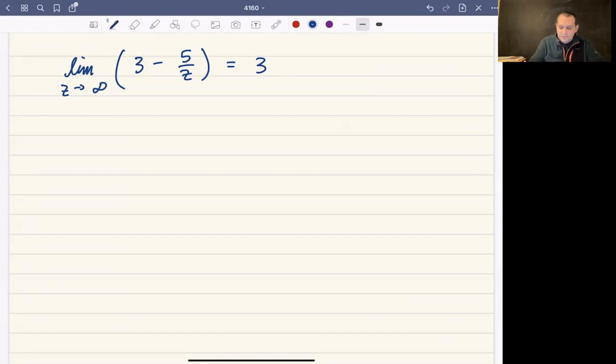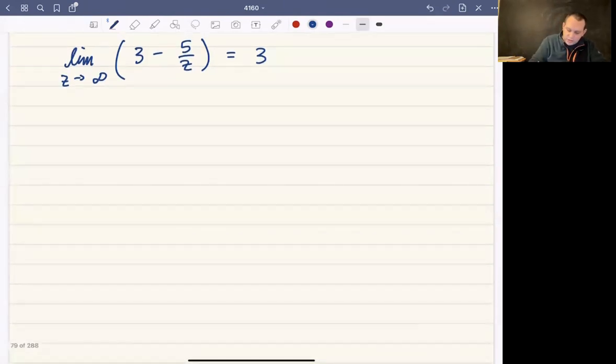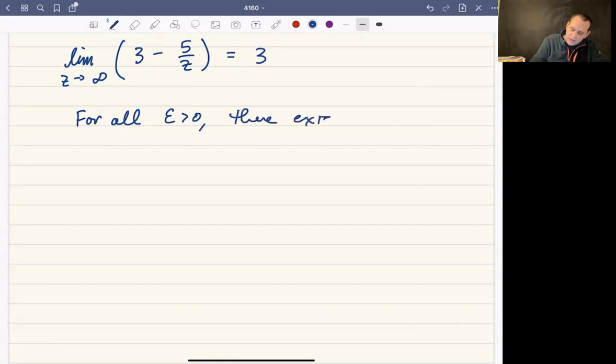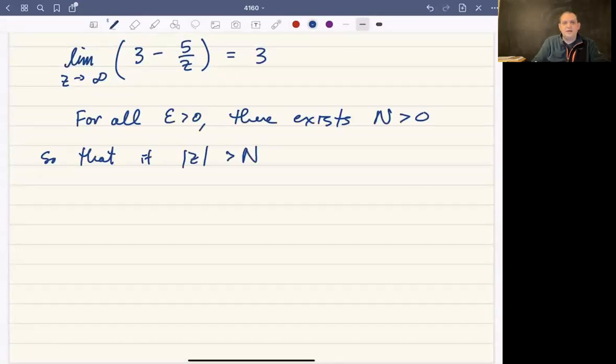So what we want to do is show that for all epsilon, there exists an N so that if the absolute value, or the modulus, of z is larger than N, in other words, if z is sufficiently far from the origin, then our function gets arbitrarily close to 3.